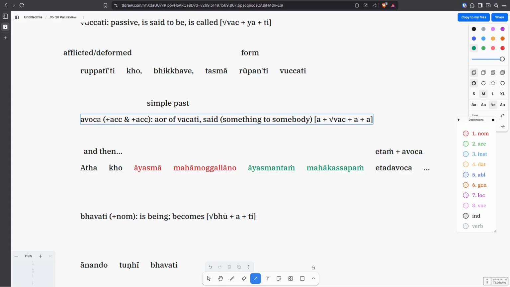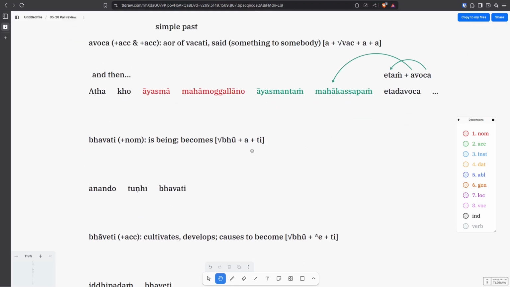So in the dictionary you would see avocha, and it takes two accusatives, meaning that you're saying something to somebody. So avocha here takes evam as one accusative, because it said this to somebody, to Venerable Mahakassapa. Makes sense?